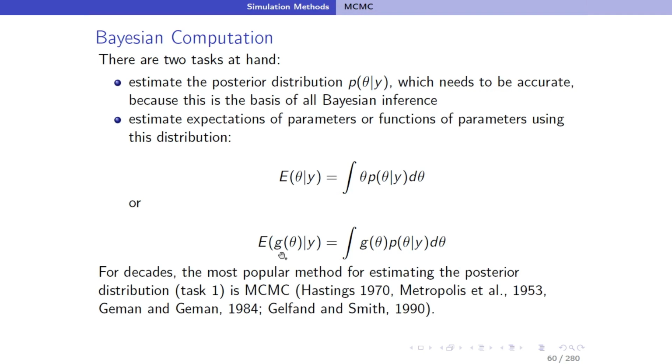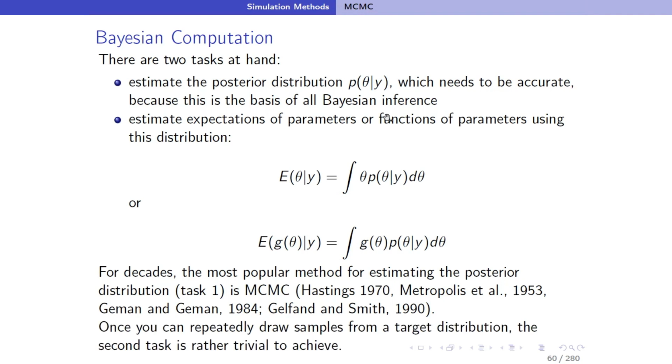For decades, the most popular method for estimating the posterior distribution, task 1, has been MCMC, Markov chain Monte Carlo. I'll explain why that is of exceeding importance. Once you use MCMC to estimate this distribution, the second task becomes rather trivial. You can just plug in values, and it's very much doable.